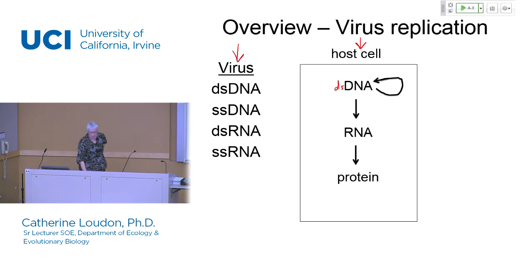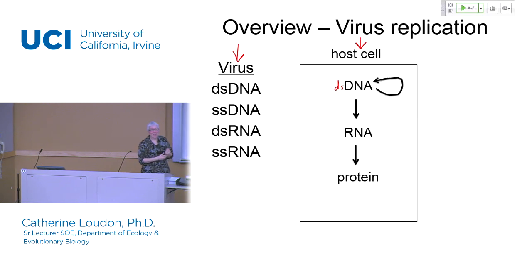But what are host cells set up to do? Well, host cells certainly are capable of replicating double-stranded DNA during cell division. They're also good at generating mRNA from DNA and at making proteins from RNA. So that's the typical machinery that already exists in the host cell that the virus can tap into, okay?